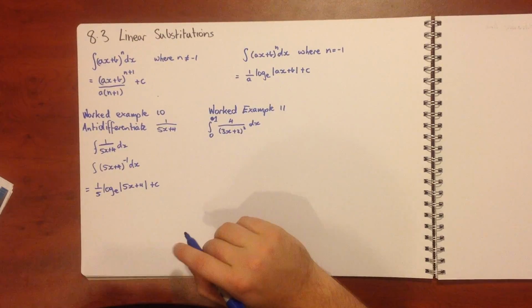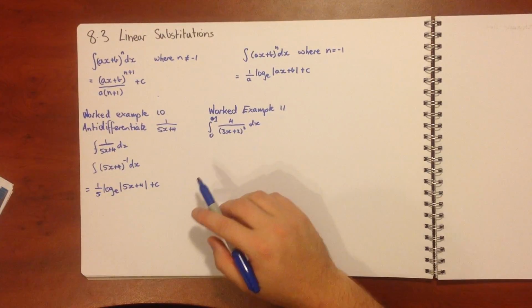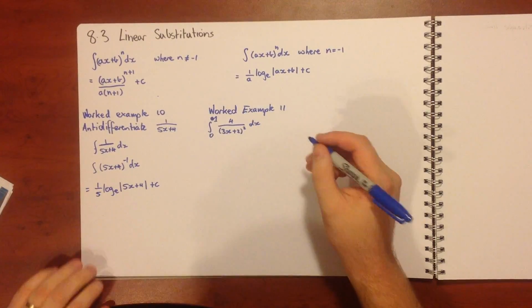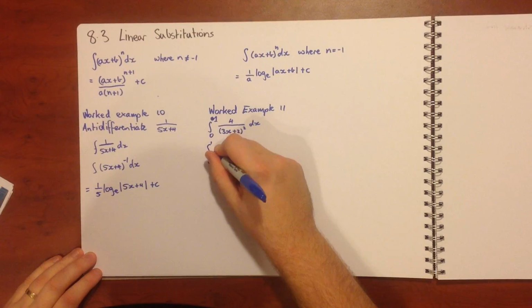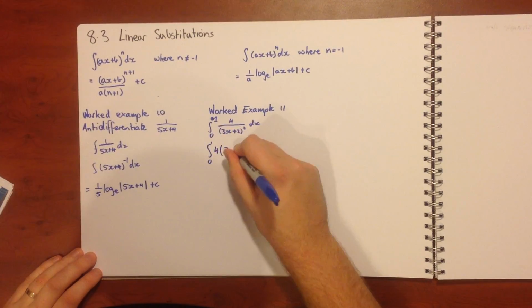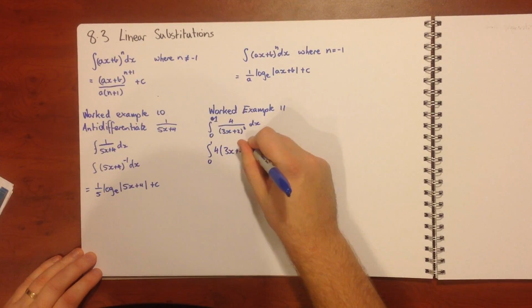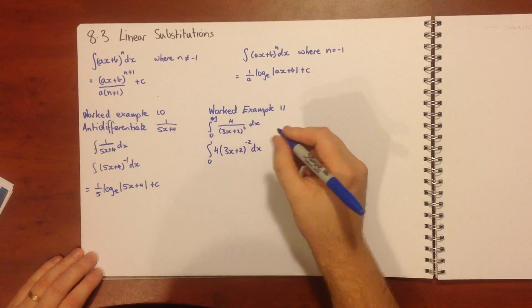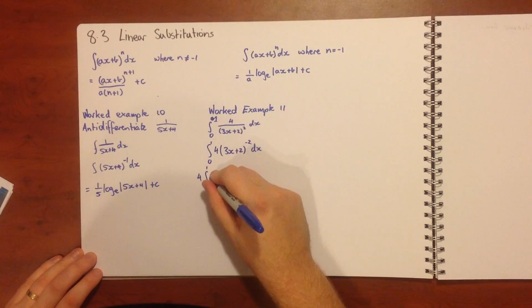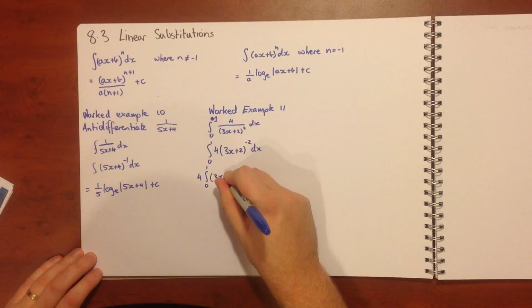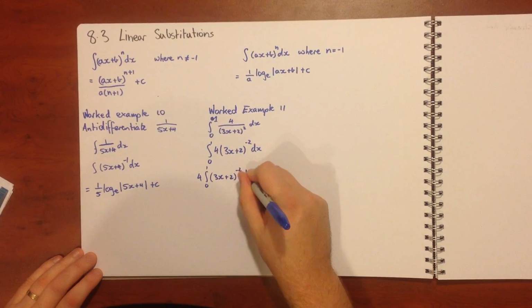When we have a look at worked example 11, hey, we've got our terminals in for this one. We'll need to actually rewrite this as 4 times 3x plus 2 to the negative 2 dx. Now we can think of that with our 4 out the front, of the integral from 0 to 1 of 3x plus 2 to the negative 2 dx.